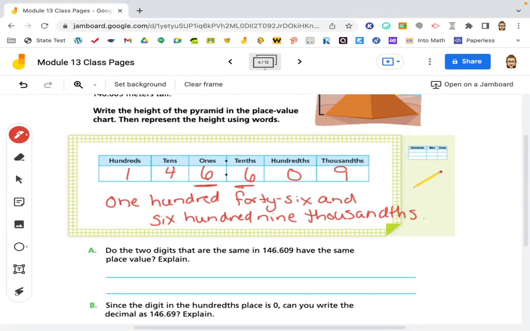So we're talking about the two sixes here. And the answer would be no.